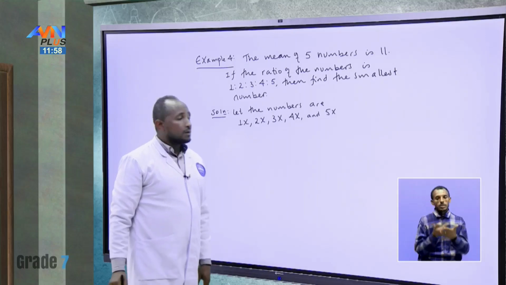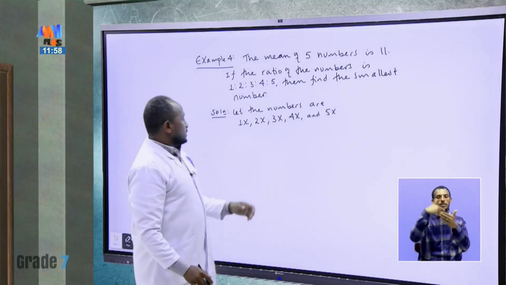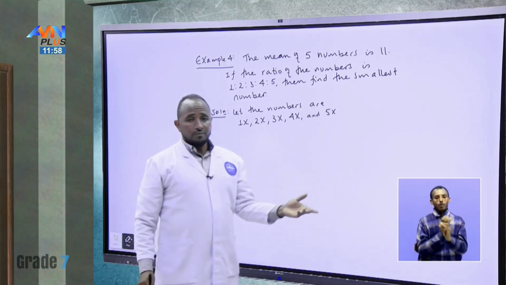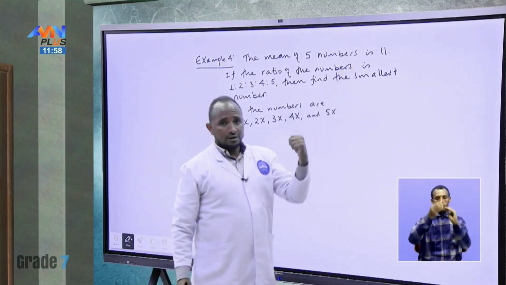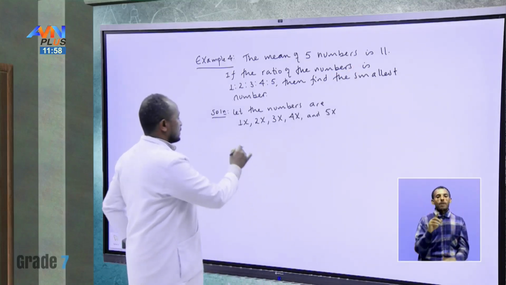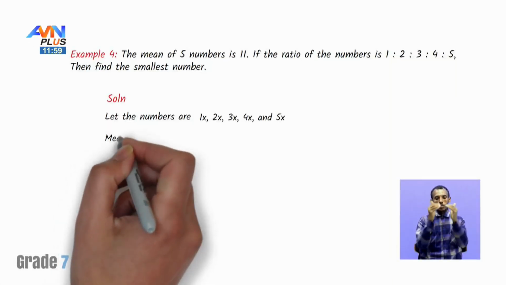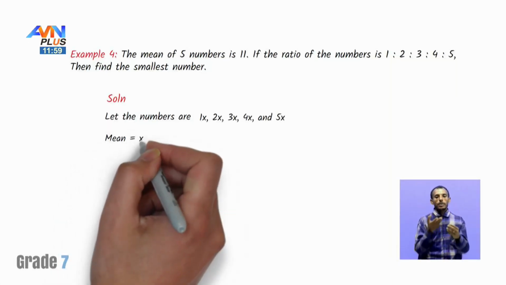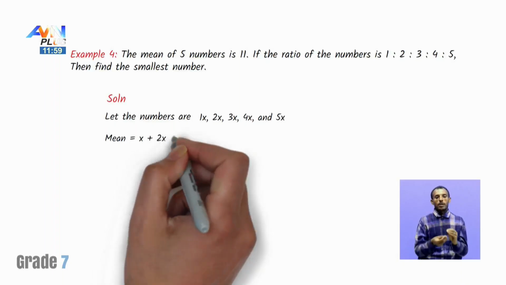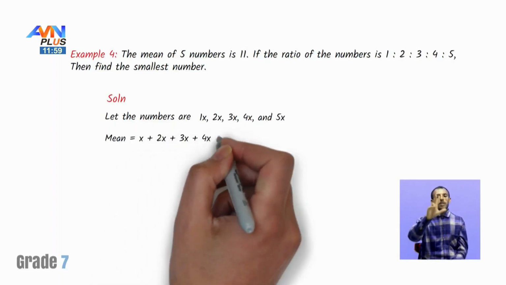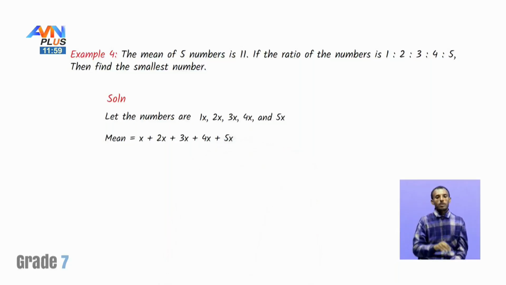And then we simply calculate the average of these 5 numbers, but the average is given, it's 11. So how do we calculate the average? The average or the mean is given by the sum of each number. Here it is 1x plus 2x plus 3x plus 4x plus 5x.